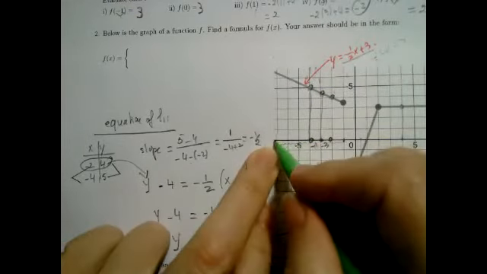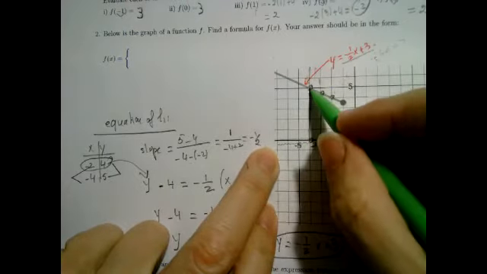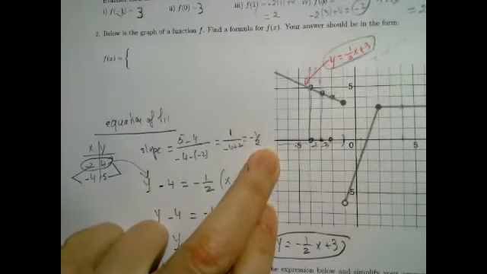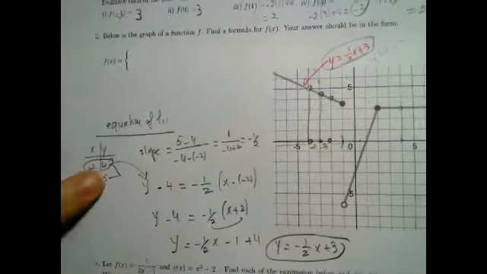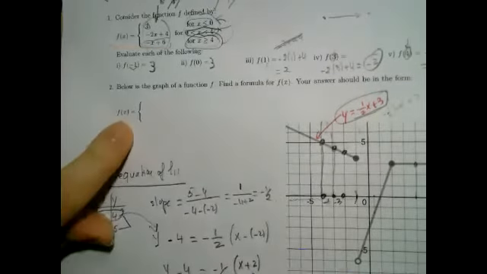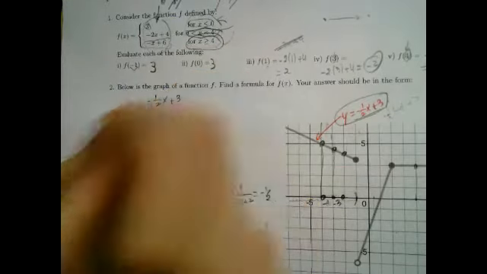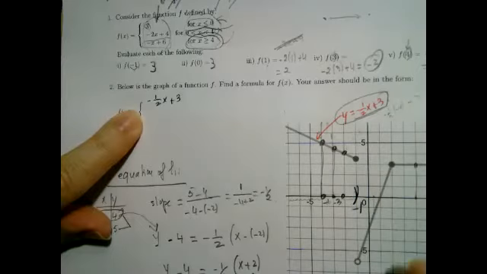So if I have any input up to here, I just plug it into this equation and it gives me the output. So this tells me the first piece of the function: the output is -1/2 x plus 3 if x is less than -1, because after that, the output does not follow the same rule.